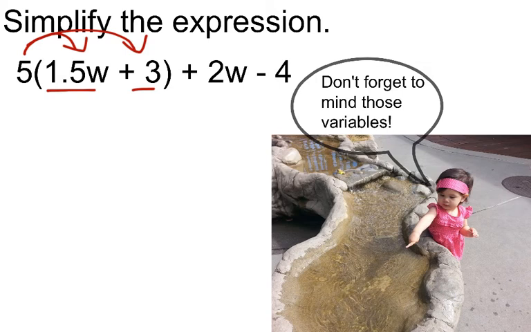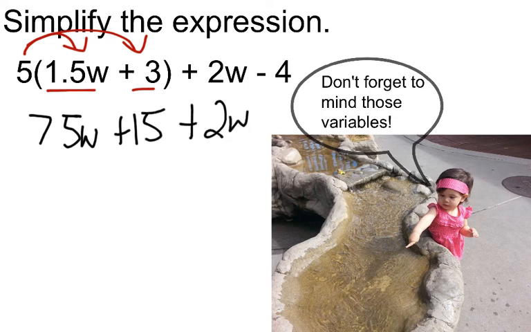Well, I can even use mental math to multiply 5 times 1, which is 5, and 5 times a half, or 5/10ths, which is 2.5, and 5 plus 2.5 is 7.5. Now I multiply 5 times 3, 15, and then my 2W and my minus 4, or negative 4, stay the same.